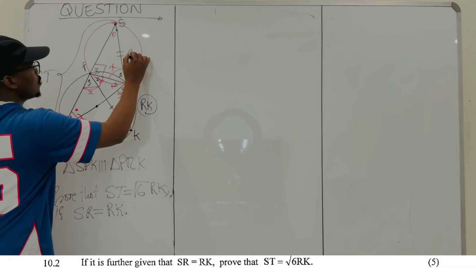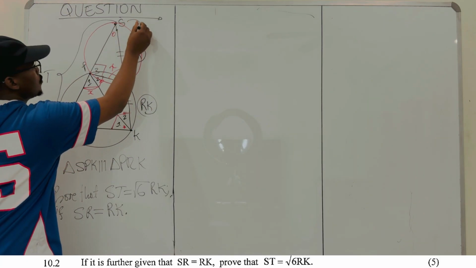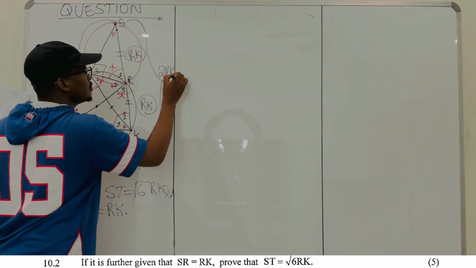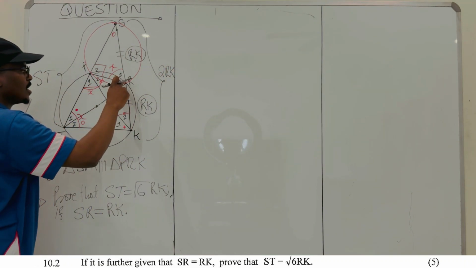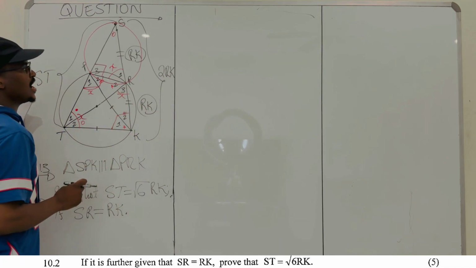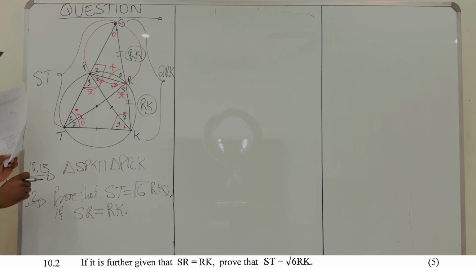This length here is also RK if you think about it, because this is equal to this. So if you go all the way from there, it should be 2 of your RKs, because it's going to be RK plus RK. So this is 2 of the RKs, because RK plus RK is 2RK. Fine. So that's what we need.